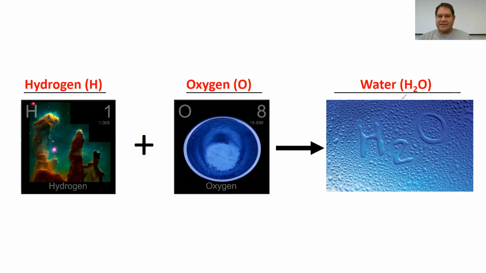Now you will notice that the ratio is 2 to 1, okay, because there's a 1 really after that O. And so water is a 2 to 1 ratio of 2 hydrogens to 1 oxygen. And that's what we're talking about in the definition, the fixed ratio. Water will always come as 2 hydrogens to 1 oxygen. All right, and that ratio is fixed and will not change.